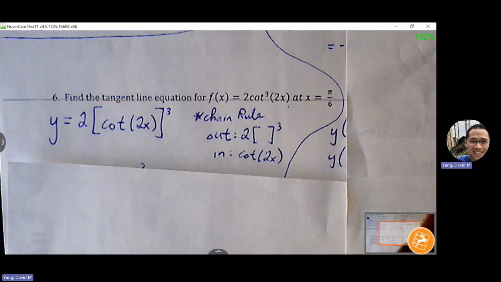So for number 6, to get it ready for the derivative, we know we're expecting chain rule here. Pull that 3 outside a set of brackets so we can clearly see the outside inside involved when building our derivative.